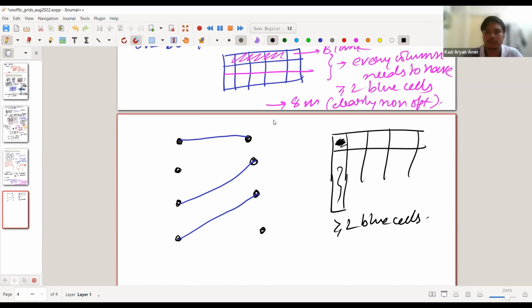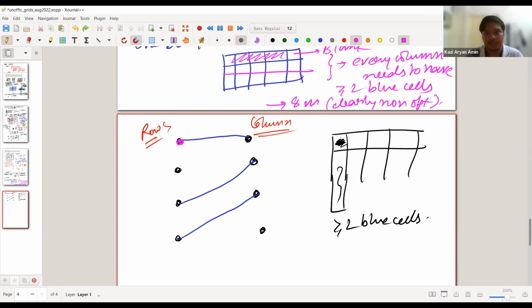Suppose this represents the row set, and this represents the columns, and an edge means that there's a blue cell there. So what does the condition mean? For every C and R, degree R plus degree C is at least 2. Is that enough?